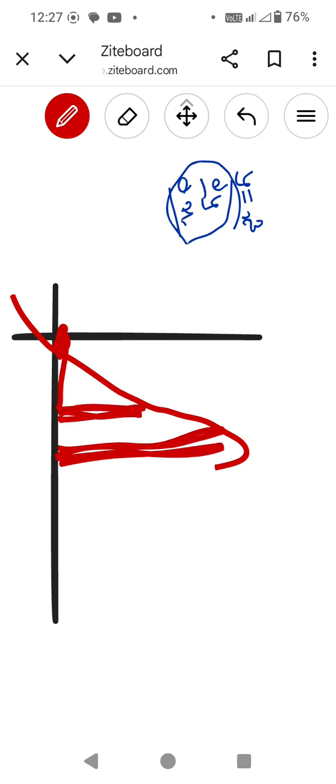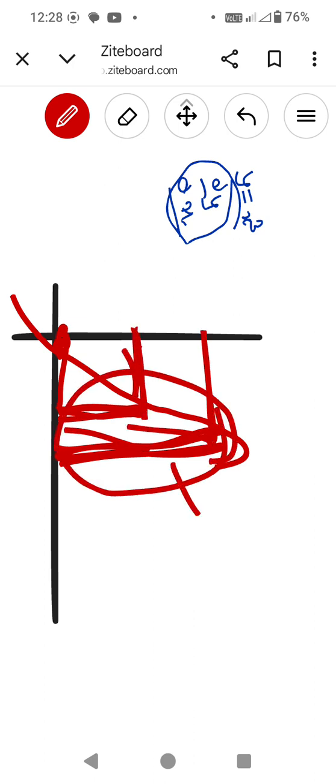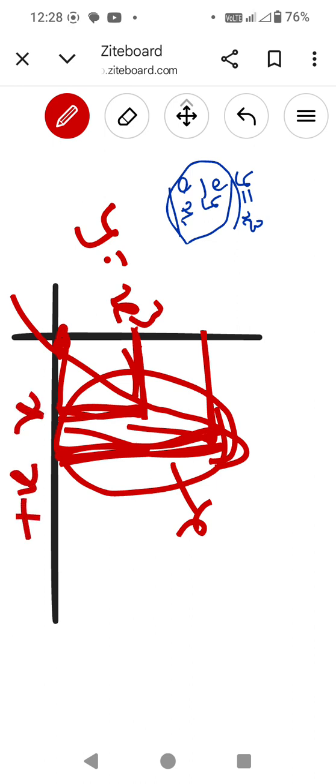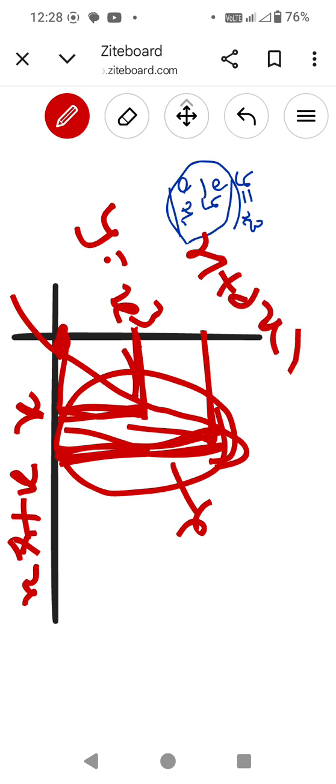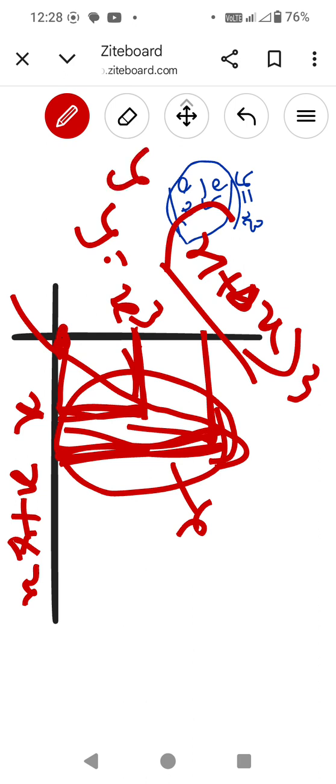These two points, two distances, I have to determine this stuff. Then this is also a function of x cube. Same thing: x is x plus del x, so x plus del x whole cube is y plus del y.